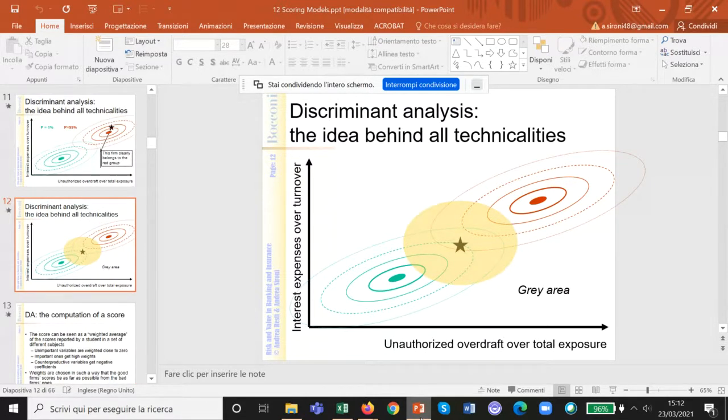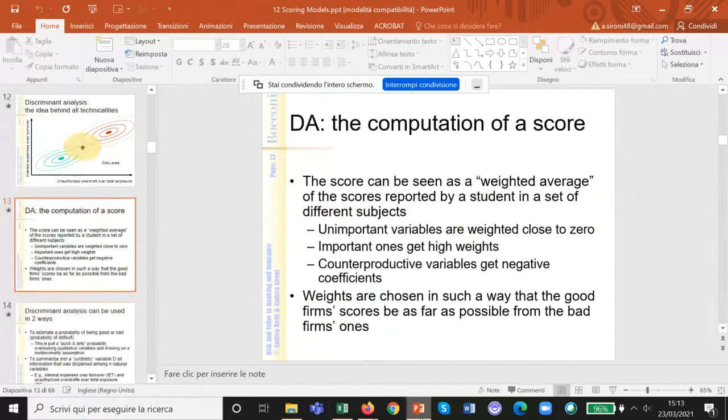If we take a company like the one highlighted in this chart with the black star, you can clearly understand that in this case, the model would be much less effective in telling me whether this is a bad or good company. So this is just the underlying idea of discriminant analysis.